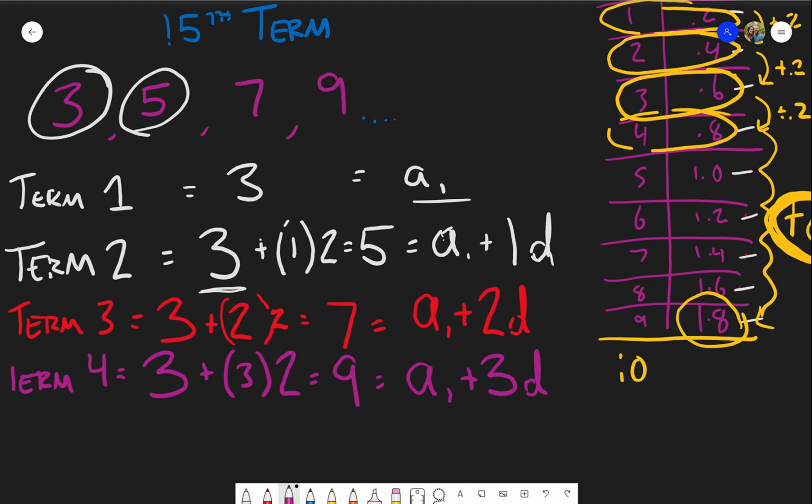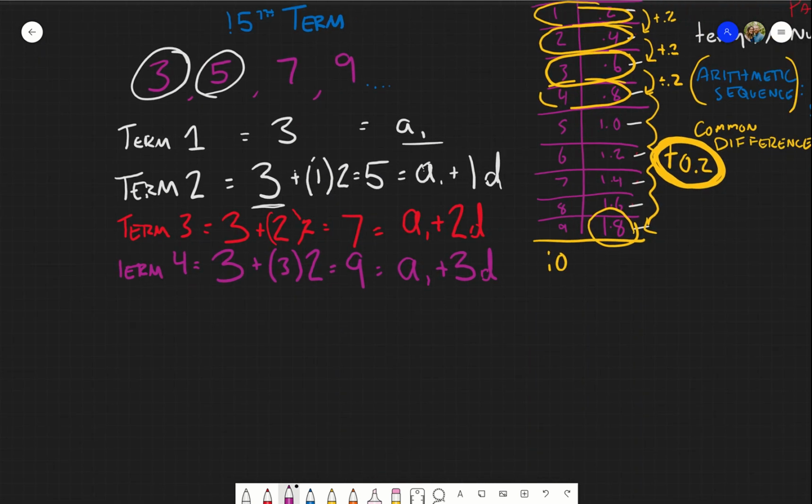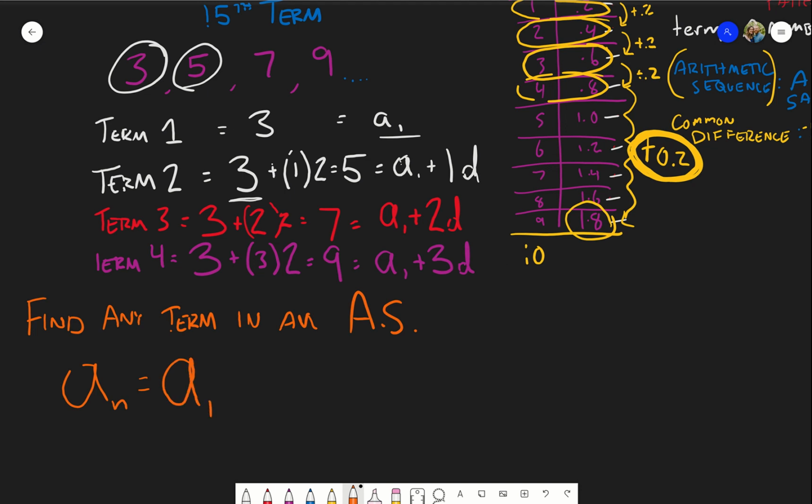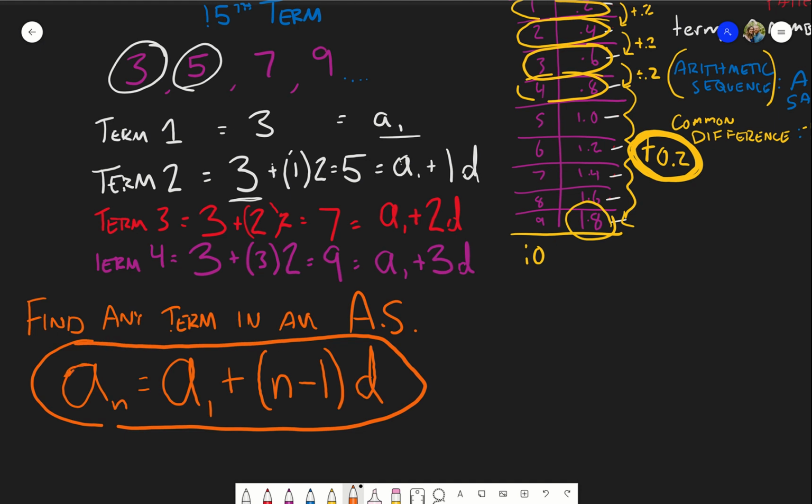So our formula is going to be justified by saying, to find any term in an arithmetic sequence, we want to take our first term, A1, and add it to the term we're looking for, minus 1, times D. We're going to take this formula here to find any term in an arithmetic sequence.